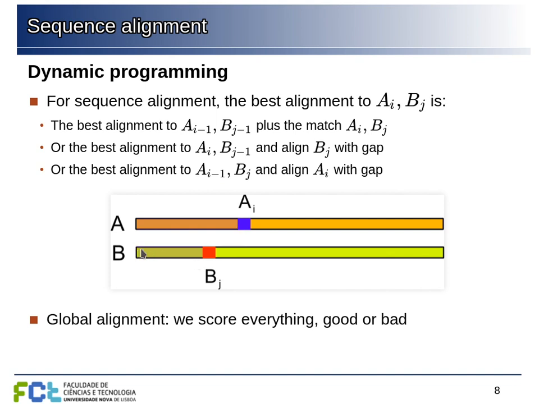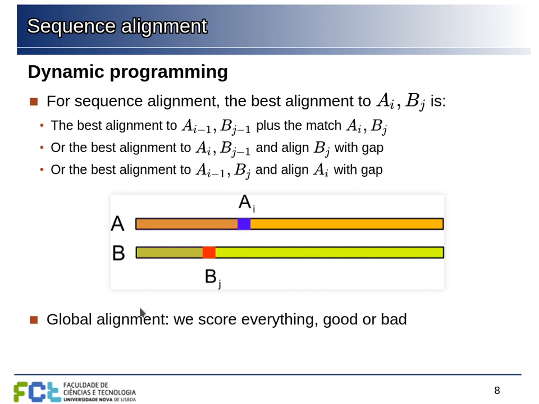Or we could find the best alignment between everything on A up to Ai, including this one, align this part with this part left of Bj, and then leave this residue unaligned. So align this Bj with a gap and pay the gap penalty, or do the same thing, leaving this one without a partner, so aligning this one with a gap.